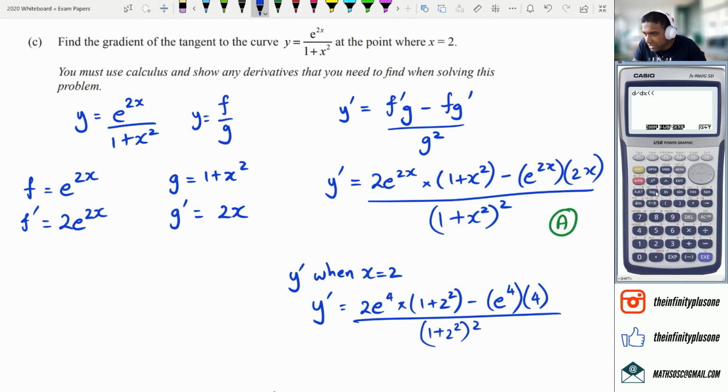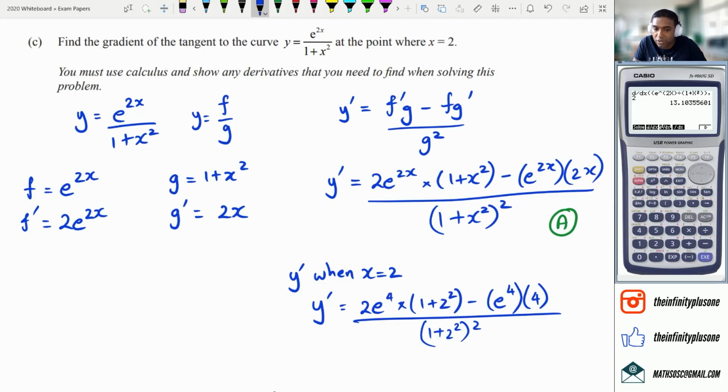I hope this works out, because sometimes I try things and they don't work out. E to the power of 2x, yep, divided by 1 plus x squared. I just want to make sure I put all the brackets in the right place. And then a comma and, yep, at 2. As you can see, it's giving me an answer of 13.10.